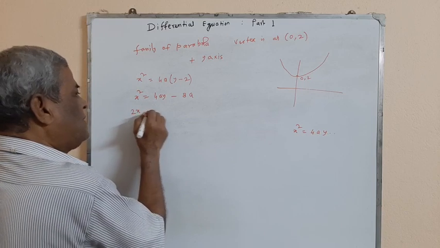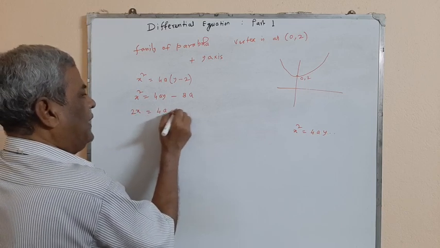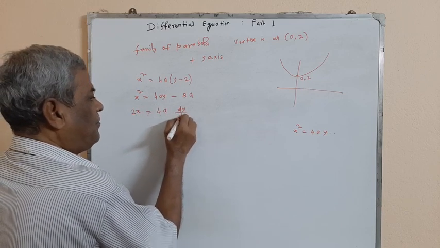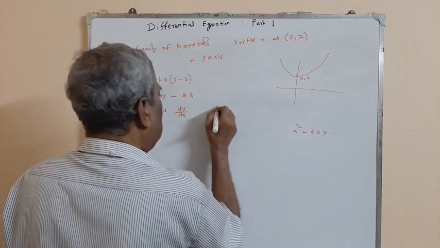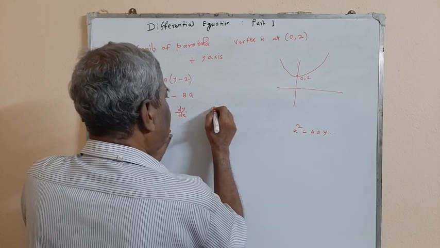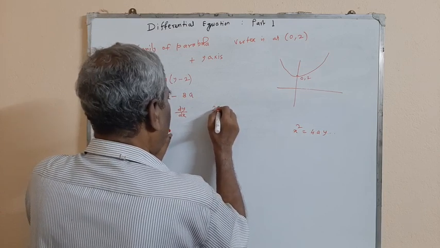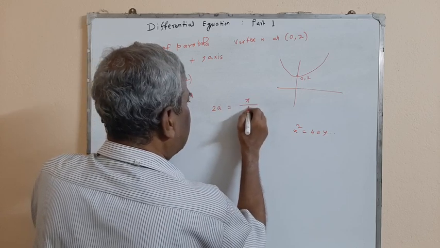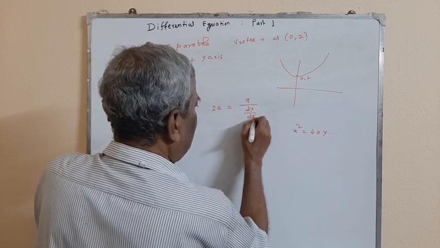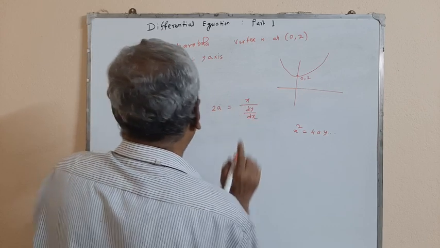So 2x is equal to 4a into dy/dx. So we get 2a is equal to x by dy/dx.